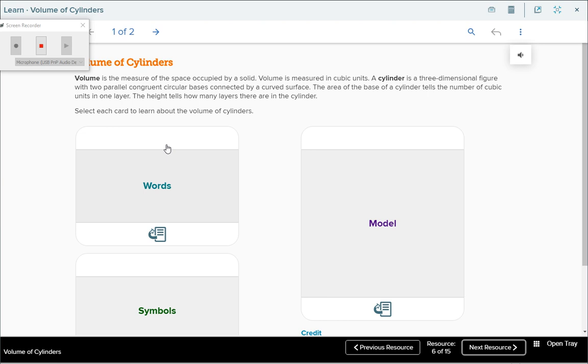The width of the circle, which is also known as the diameter. But technically, I don't really need the diameter. If I was to find the middle of the circle to the outside, does anybody remember what that's called? Radius, good. So I need a radius in order to find the area of a circle, right? How do I find the area of a circle? Area equals pi r squared. So pi times the radius squared.